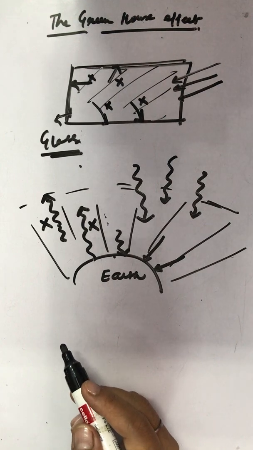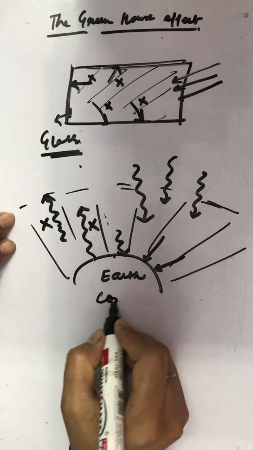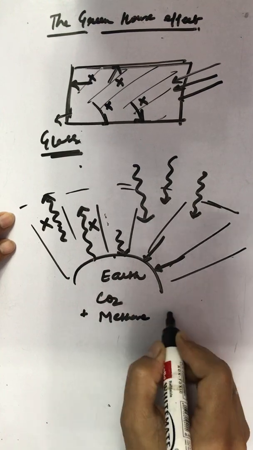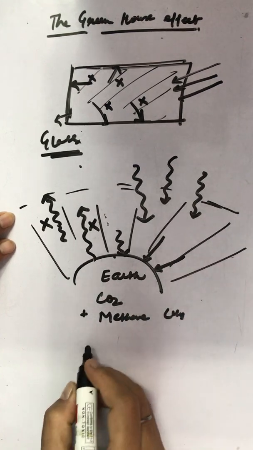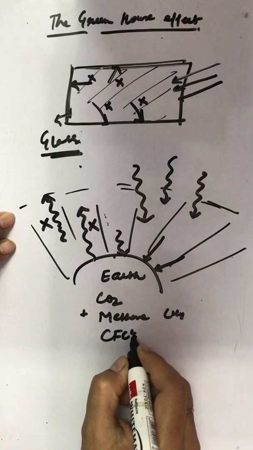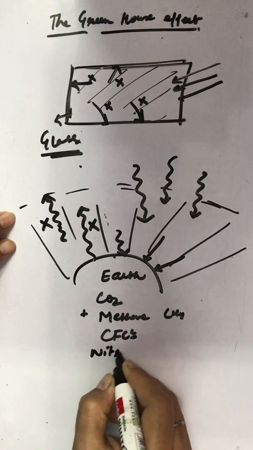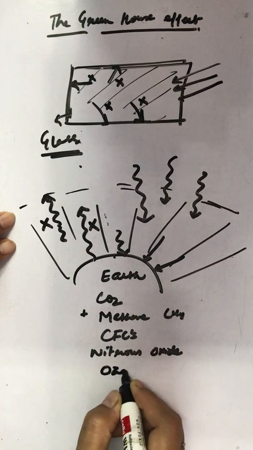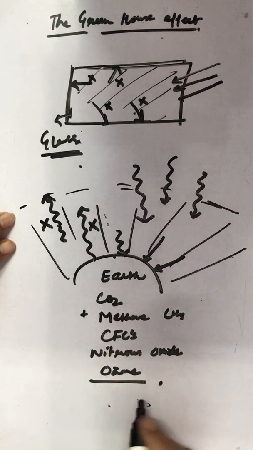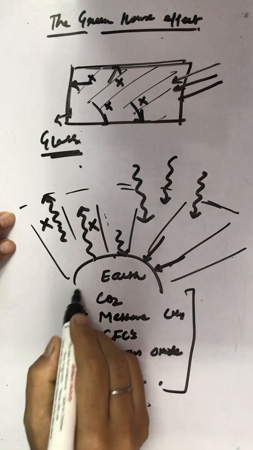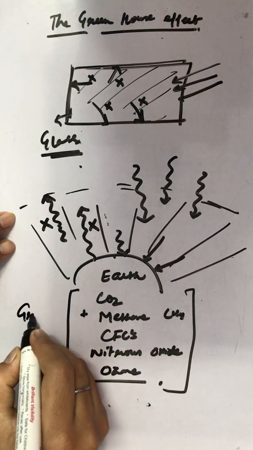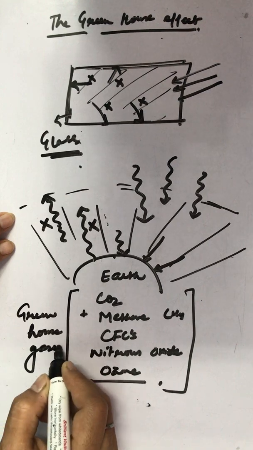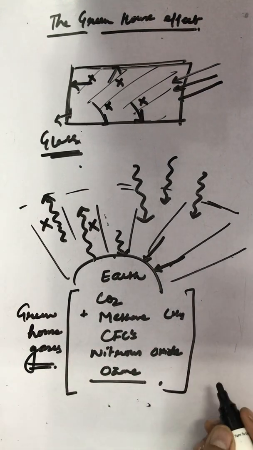Gases like CO2, gases like methane, which is known as CH4, chlorofluorocarbons, nitrous oxide, ozone. These are called greenhouse gases. What do we call them? Greenhouse gases.